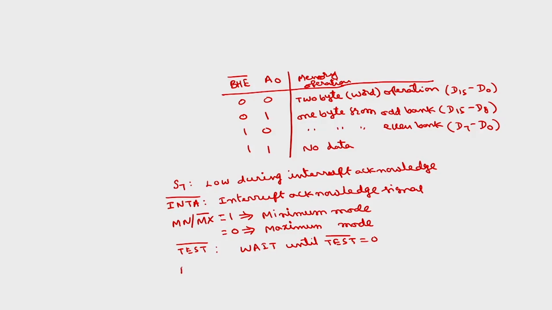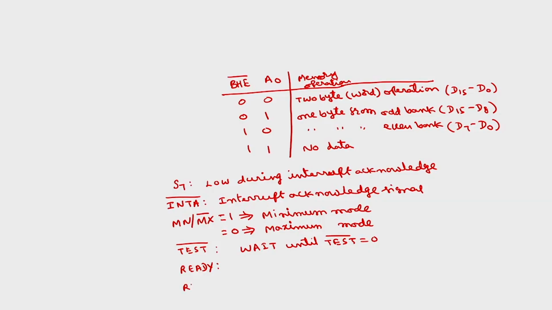And the ready and reset signals we have already discussed. The ready signal will be used by the external device. Whenever this ready signal is 1, the microprocessor reads the data from the device, otherwise it will enter into the wait state. This I have already discussed while discussing the externally initiated operations. Similarly, reset.